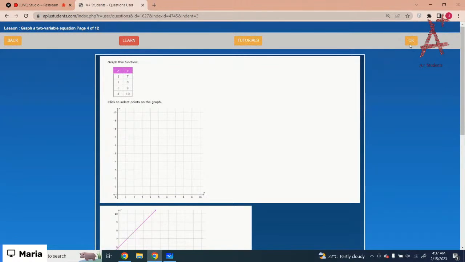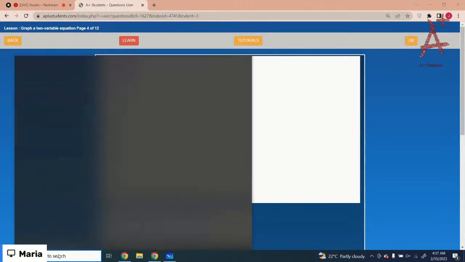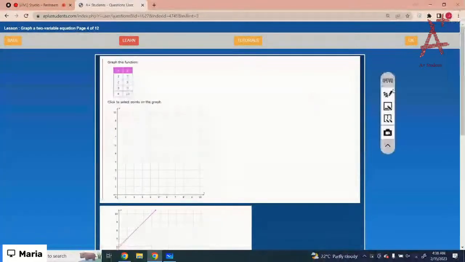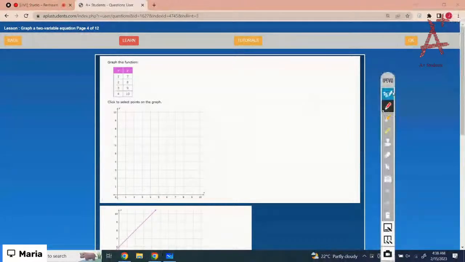Okay, you are given the values. Just plot the values on the graph and make a straight line. Got it? Okay, x is 1, y is 7.